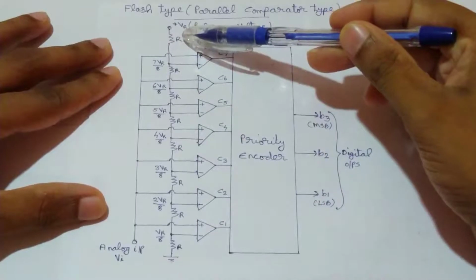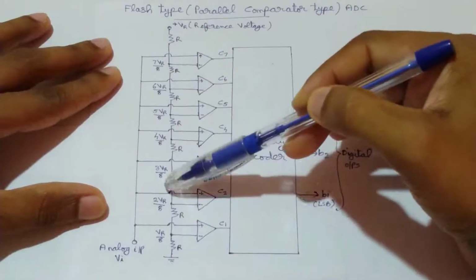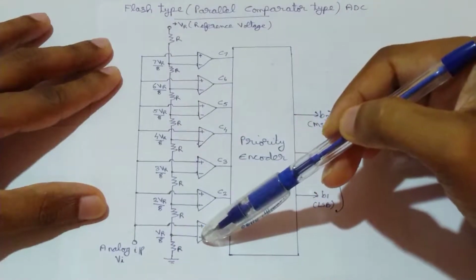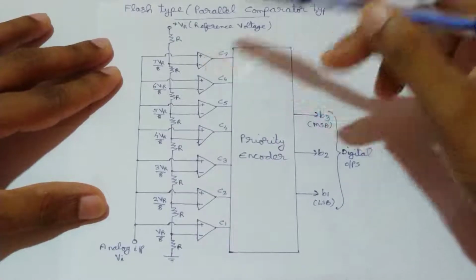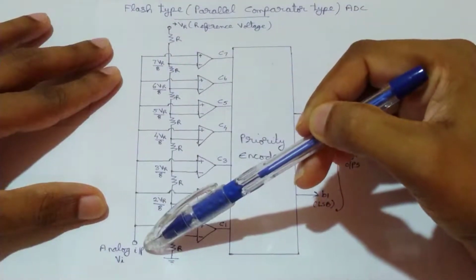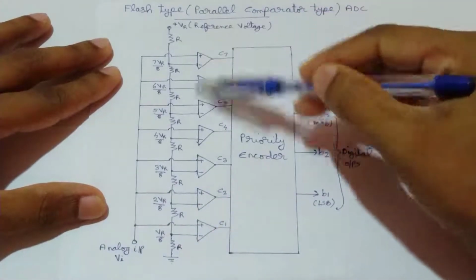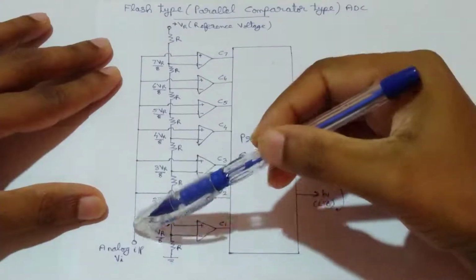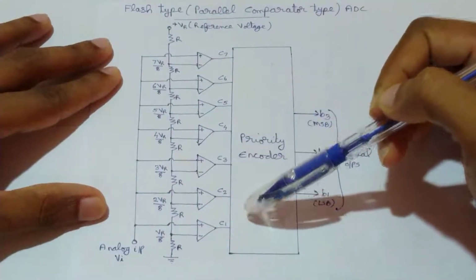By using this resistive network, a number of reference voltages are generated and these voltages are applied to the inverting terminals of the comparator, and to the non-inverting terminal the analog input voltage VI is applied. So these comparators are comparing this analog input voltage with a set of reference voltages.